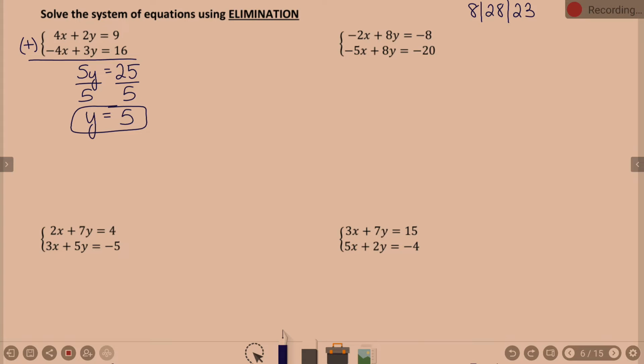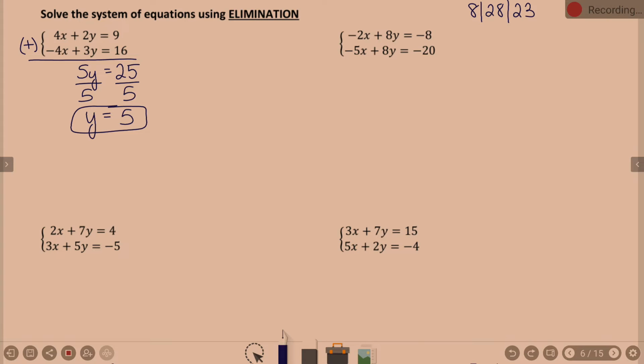So this part was the easier part. Unlike substitution, this next part is going to be a little bit more difficult. Where do I put this y equals 5? One of the original equations. The only thing that makes it a little less nice is that you don't have an x equals or y equals to plug it into. So it doesn't matter which one you pick.